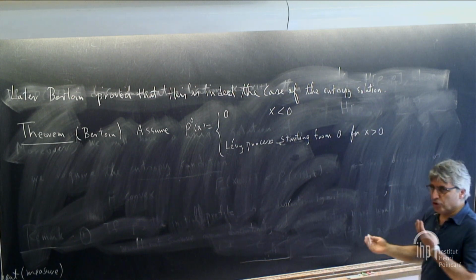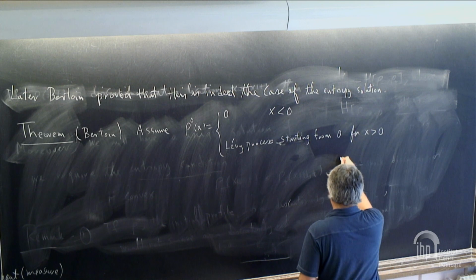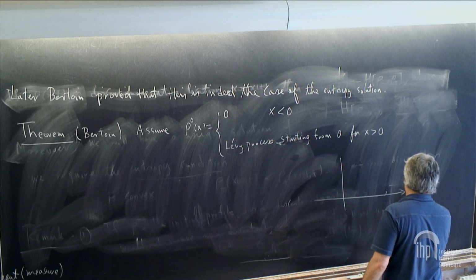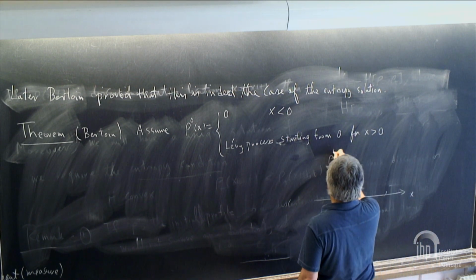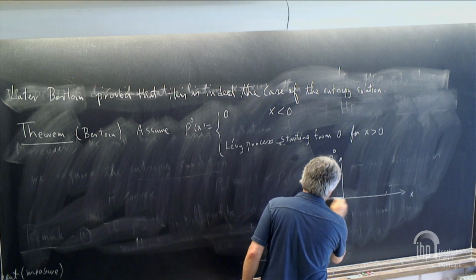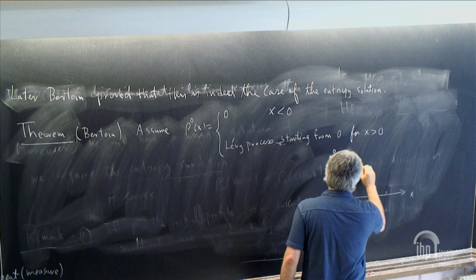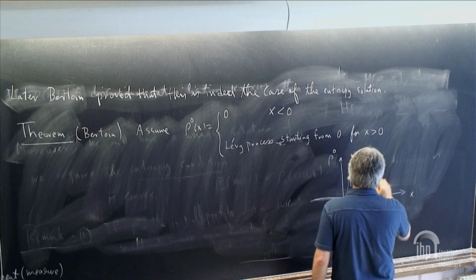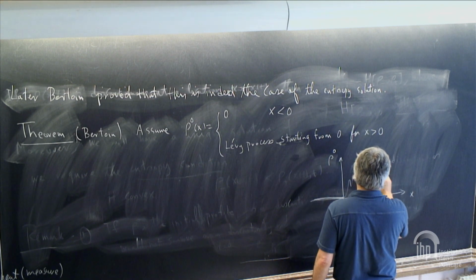So if I want to draw the picture for Brownian motion, it would look like this. So this is rho 0. Initially you have 0 here, and you start with something like a Brownian motion. Or maybe you allow once in a while a jump.